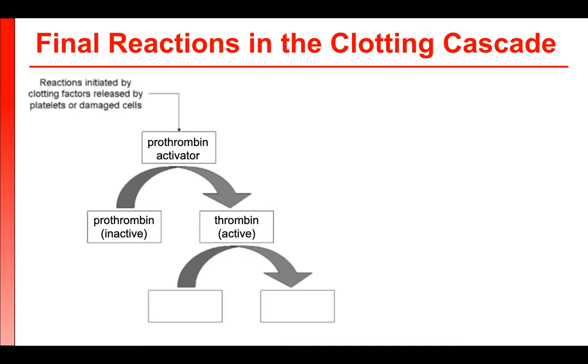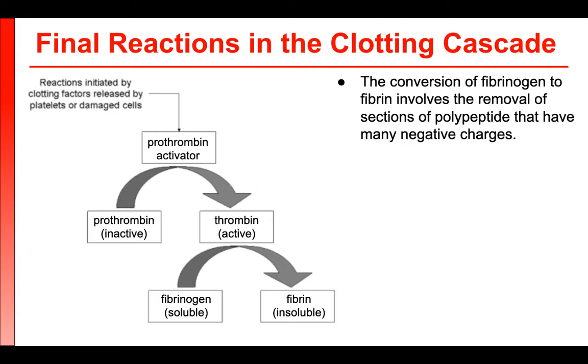So then what thrombin does is it takes a molecule of fibrinogen, which is soluble, which means fibrinogen is just in your blood. It's dissolved in your blood. It's always there. But when thrombin is present, it converts fibrinogen into fibrin, which is now insoluble. The conversion of fibrinogen to fibrin involves the removal of sections of the polypeptide that have many negative charges.